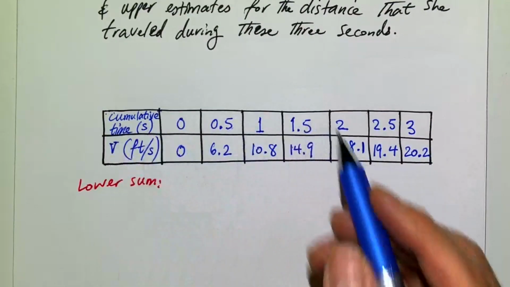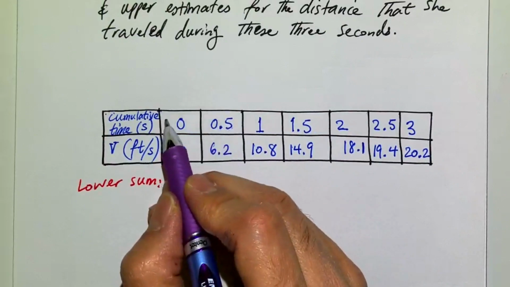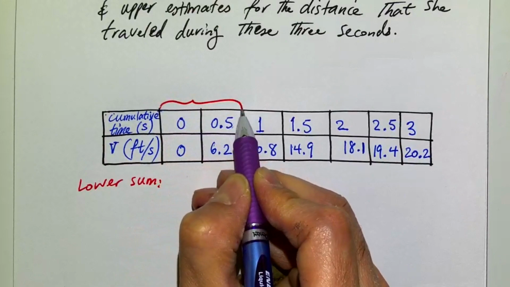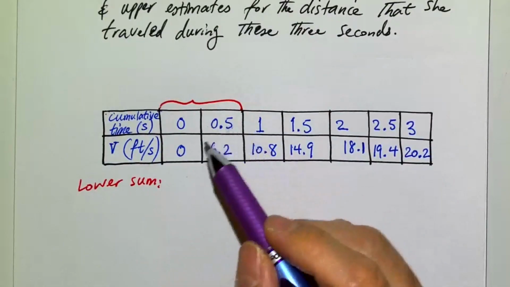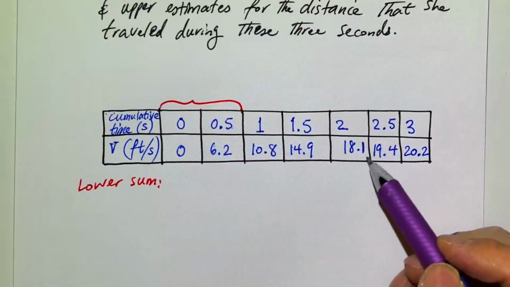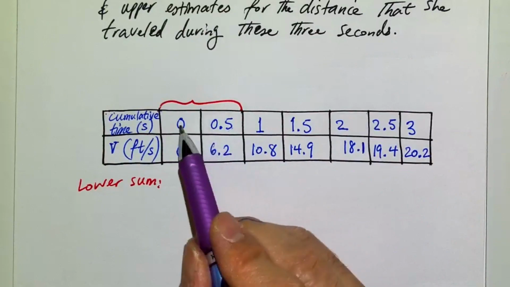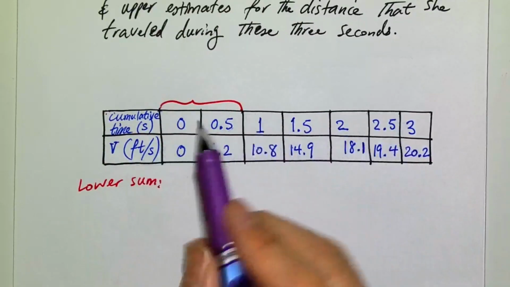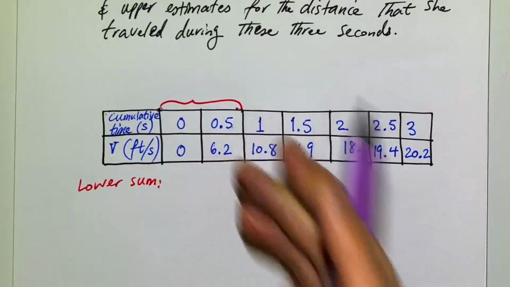The beginning and the end of each interval are going to overlap. So from here to here is one interval. Don't let these bars that I've drawn distract you, because they're just to keep the data in line and organized. The red represents one full interval of half a second.